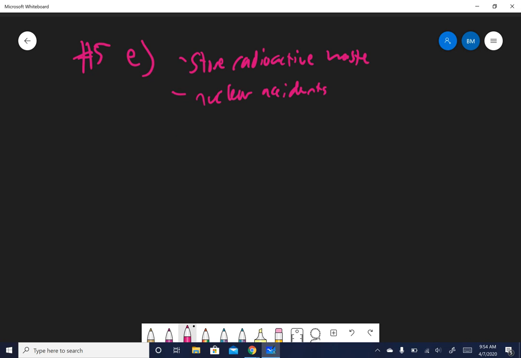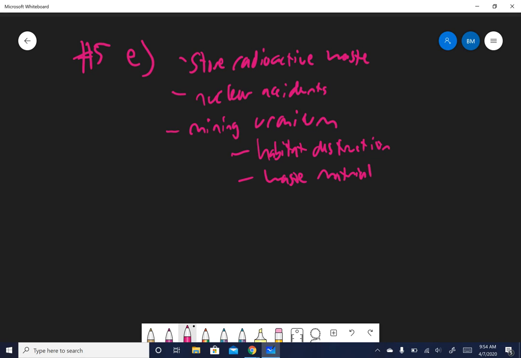Mining for uranium is a major problem. It disrupts the environment, with habitat destruction, and you should know all the side effects. Any sort of mining, there's going to be tailings, waste material that is probably dumped somewhere, or you have to store it.